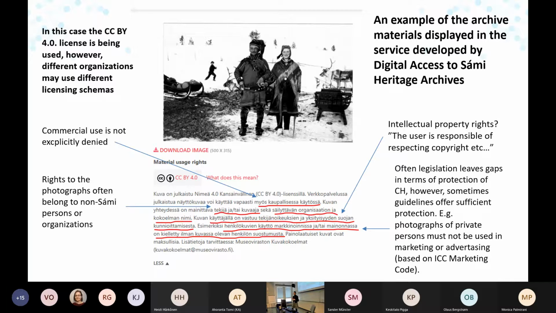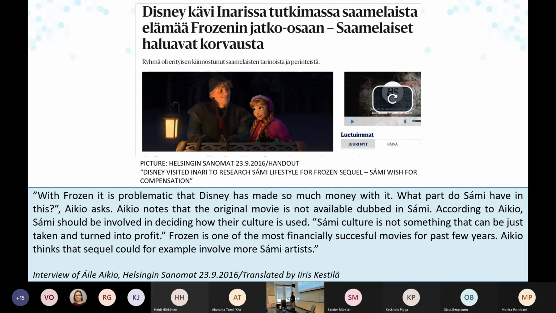And then there are perhaps also other issues that are not necessarily so related to IPRs, but at least these couple of issues are a little bit problematic. Then we go to the case that probably most of you have heard about, the Frozen case. What happened is that Frozen, both 1 and 2, are strongly based on Sami cultural heritage. If you look at the sequence, you find a lot of inspiration from Sami culture.